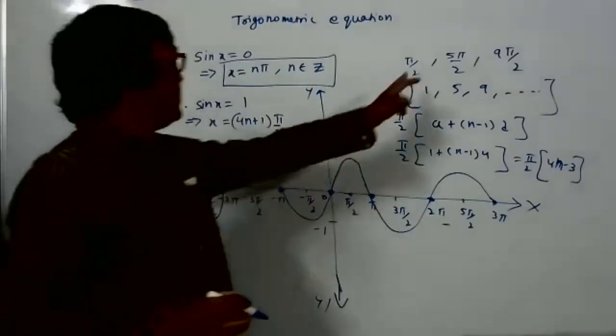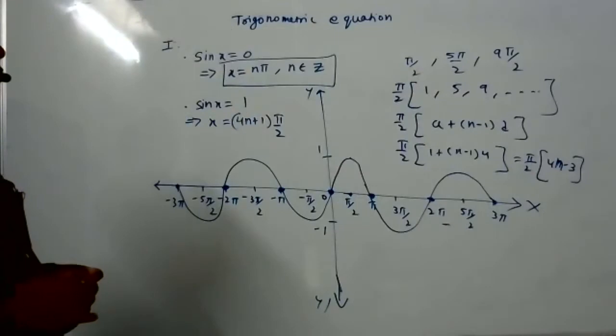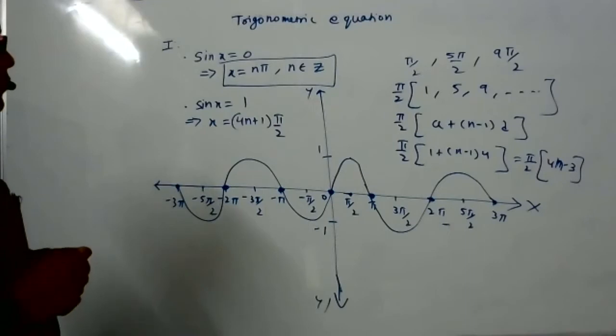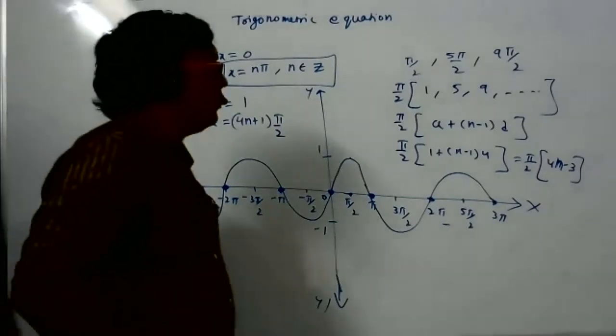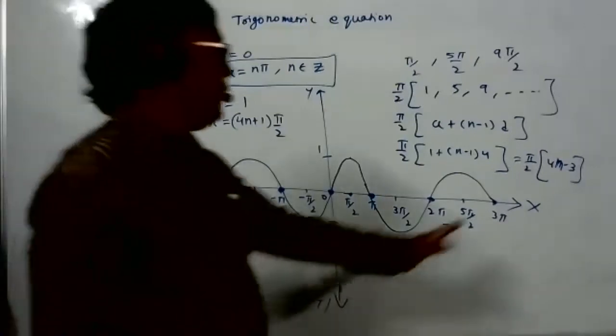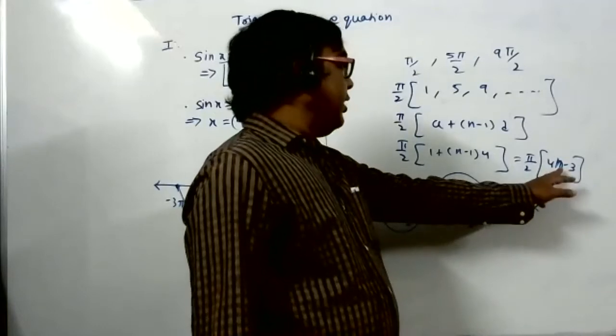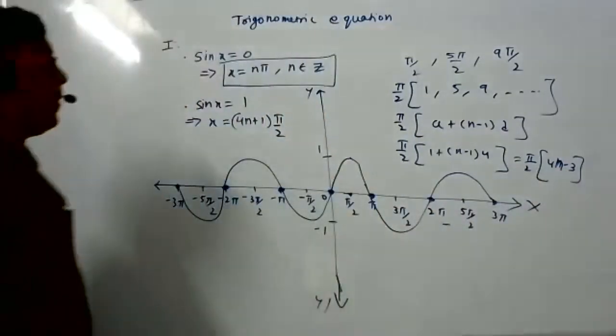See here, we're getting the answer. Sir, in the case which you have proved, n is not equal to 0. Why? n is 0 means we are getting an answer. Yes, sir, we get the answer. 1 will give pi by 2 also.